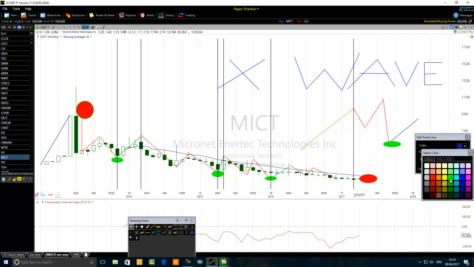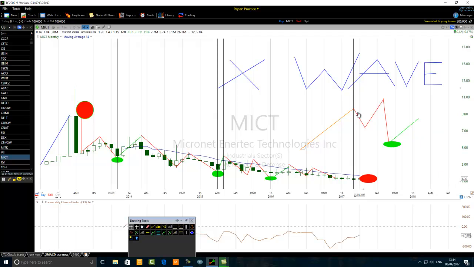But that X will connect corrective waves, in this case a flat correction connected to a zigzag pattern, 1, 2, 3. So after the X, we see another correction that is formed, and this time we see a zigzag pattern.